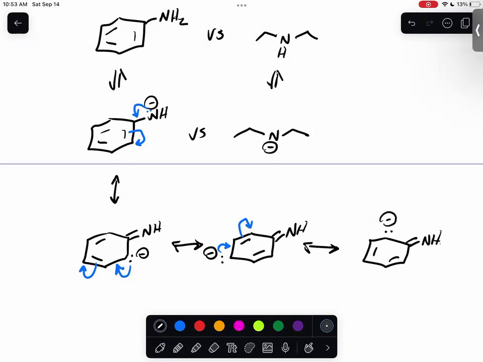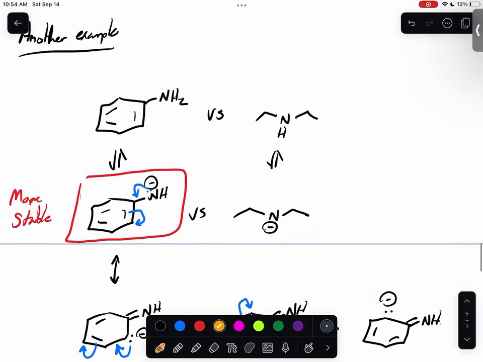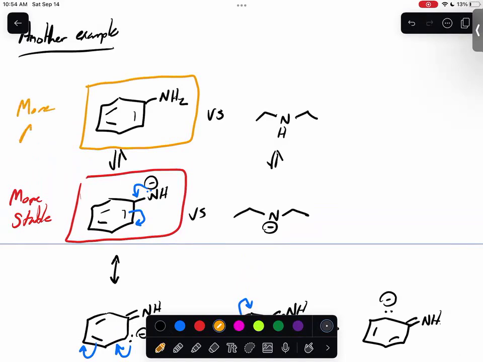And so if we're asking ourselves which is more stable, it's clearly this one here, because it is sharing those electrons with all those carbons versus having the negative charge directly on the nitrogen not being shared at all. So that lets us also know that the compound on the left is more acidic.